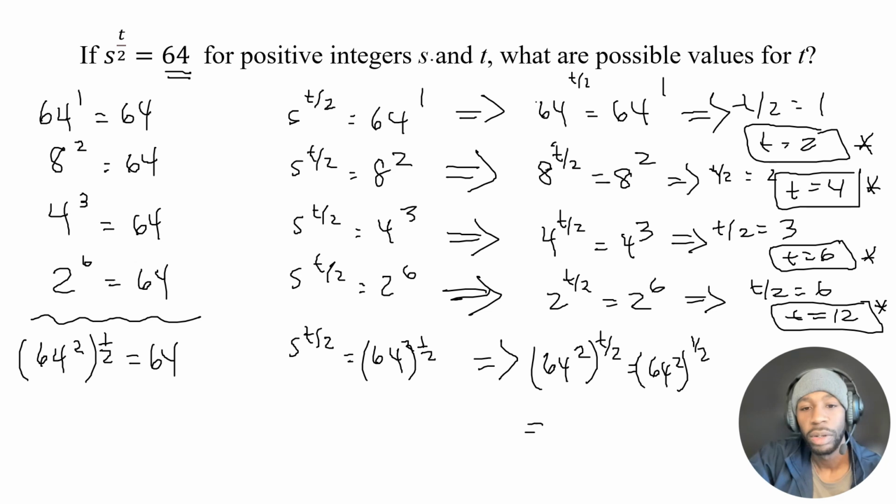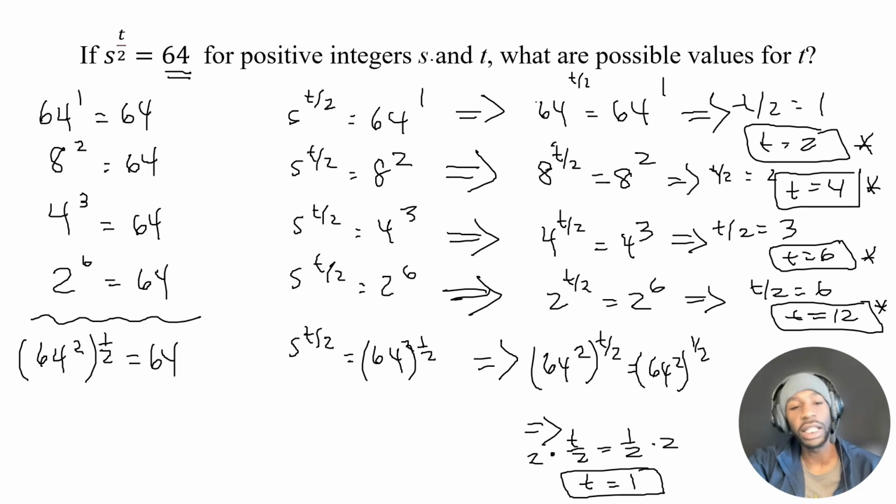Therefore, t over 2 equals 1/2. Multiply both sides by 2, and t in that case could be equal to 1.